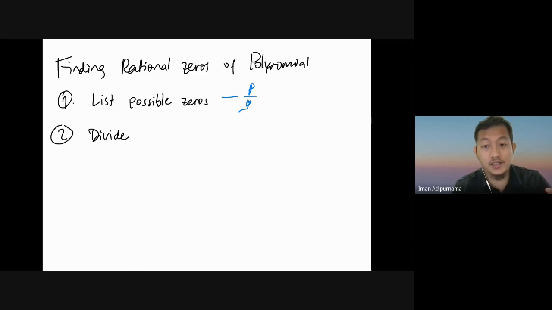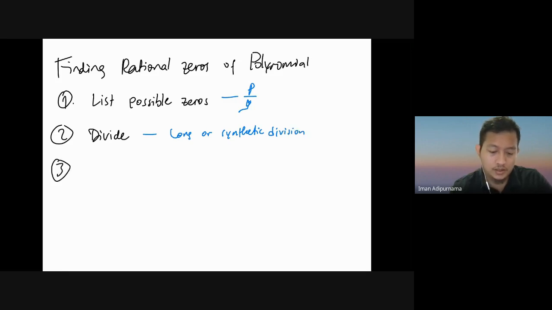If you see that, oh, I know some of them, then we can divide. Okay, we can check with long or synthetic division as we have done before. And then the third is, yeah, repeat the activity.